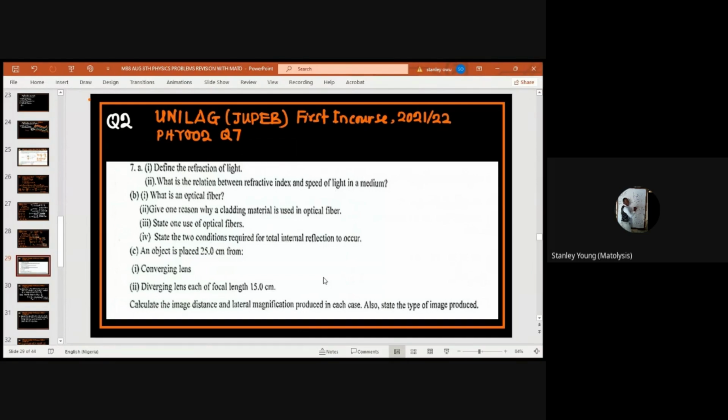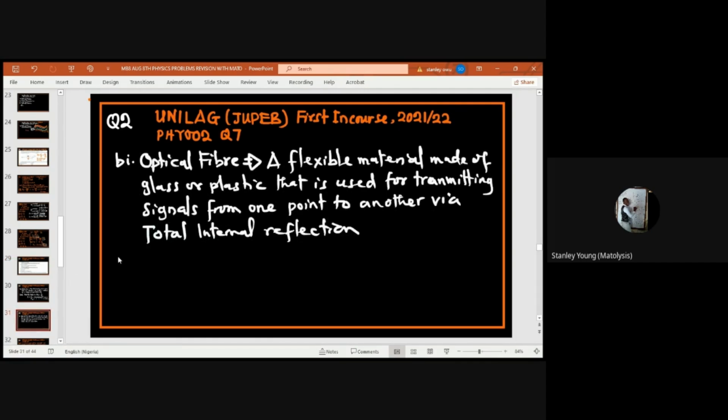B, Roman figure 2. It says, give one reason why a cladding material is used in optical fiber. So why do we use cladding material in optical fiber?